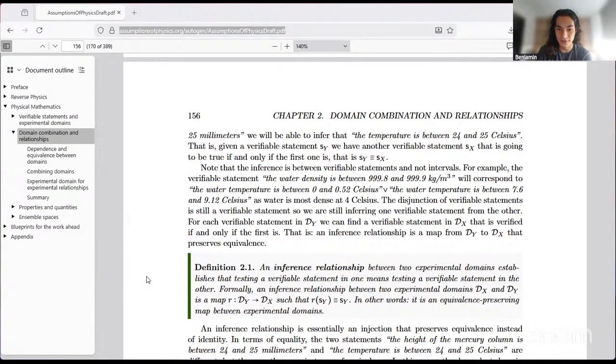The disjunction of verifiable statements is still a verifiable statement, so we are still inferring one verifiable statement from the other. For each verifiable statement in d sub y, we can find a verifiable statement in d sub x that is verified if and only if the first one is. That is, an inference relationship is a map from d sub y to d sub x that preserves equivalence.